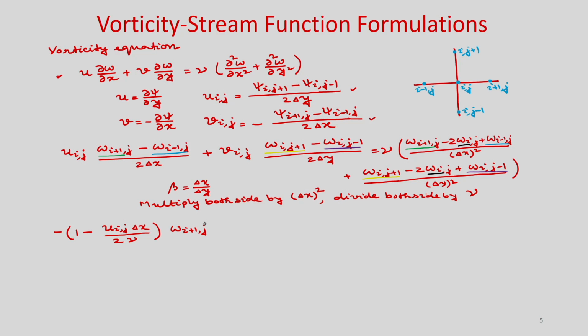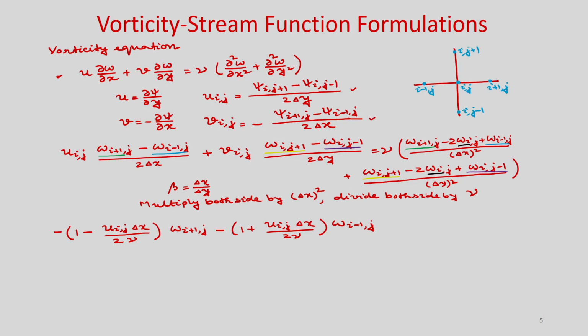Similarly, for omega i minus 1 j, it will be negative: minus 1 plus u i j delta x by twice nu, times omega i minus 1 j.